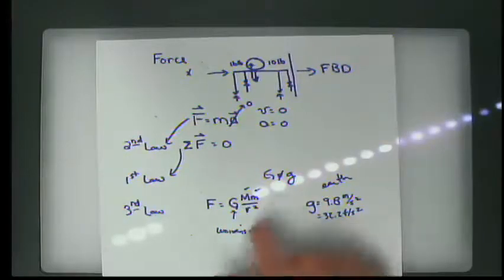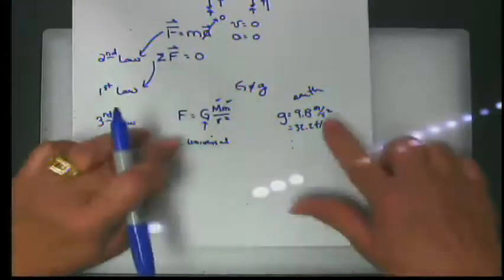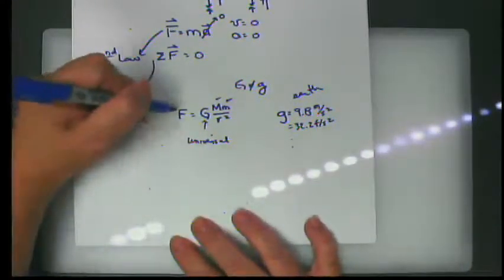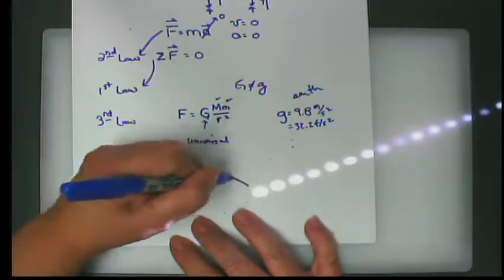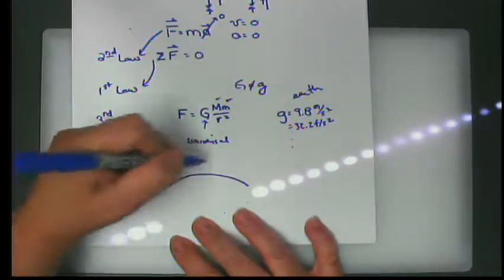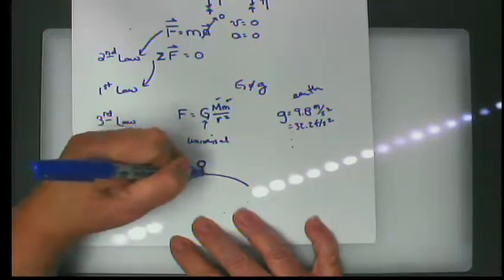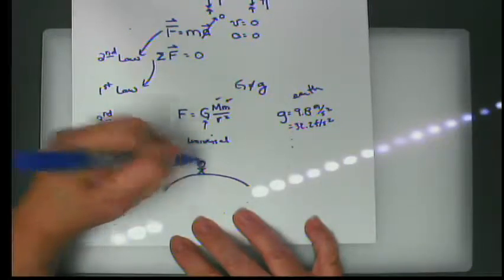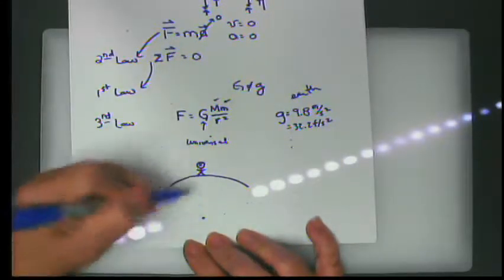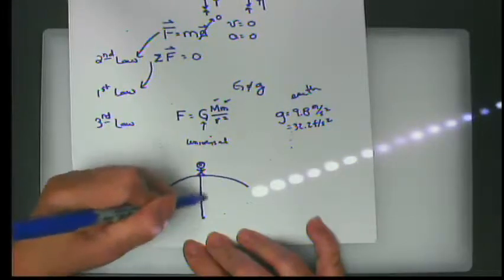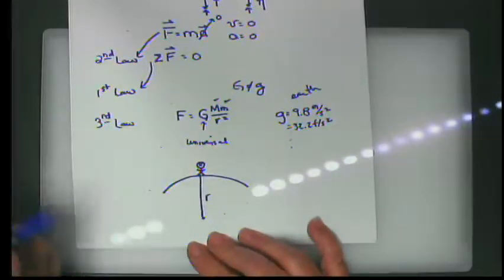But in this case, we could relate these two to each other by saying, for example, if you're standing on the Earth, here you are again. The center of the Earth is down here, so the distance between you and the center of the Earth is r.